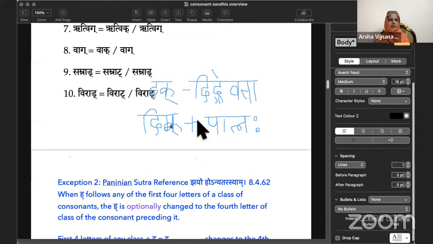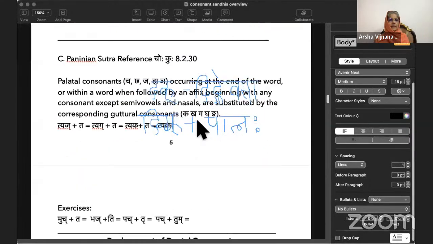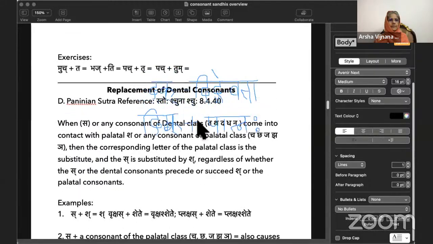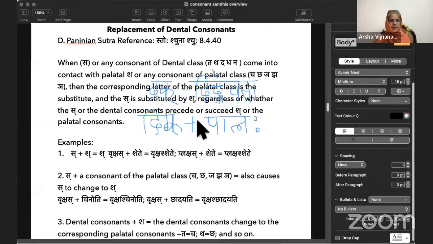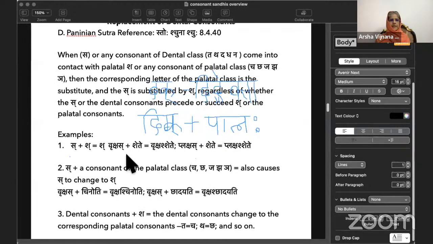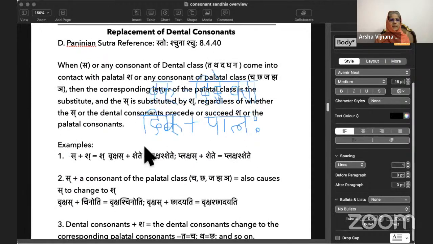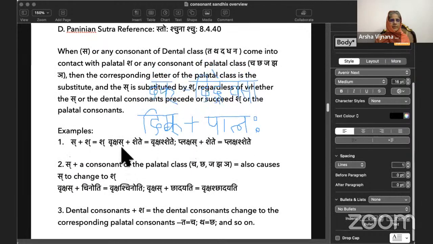So, yeah, here is the example. Vrikshas shete. Okay, that is one example. Then the sa is also considered dental because it has an affinity towards the dental.